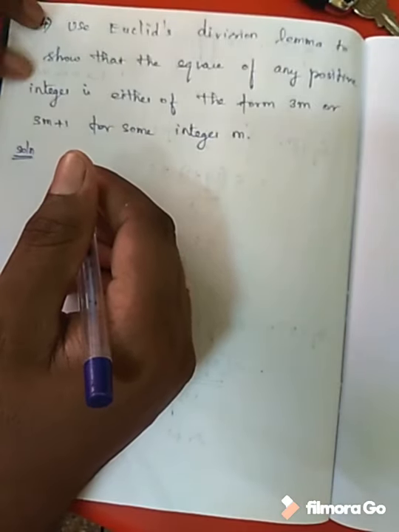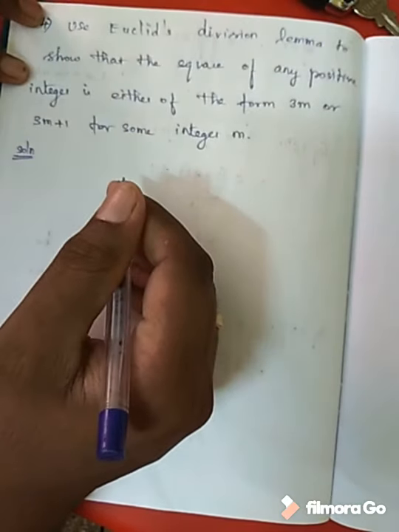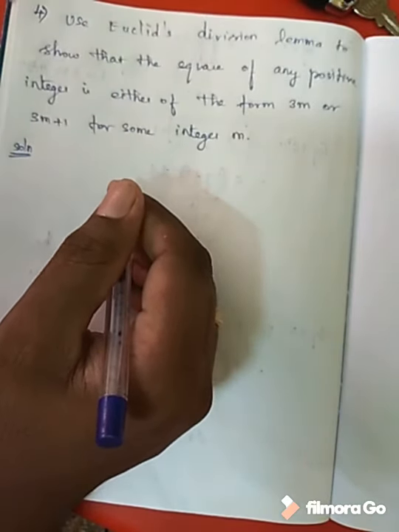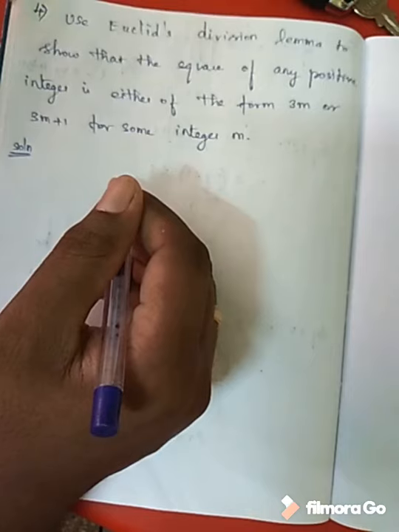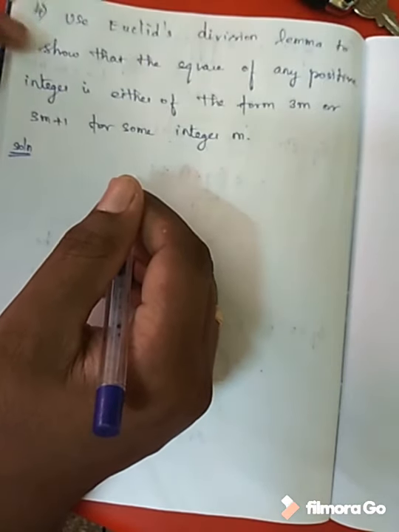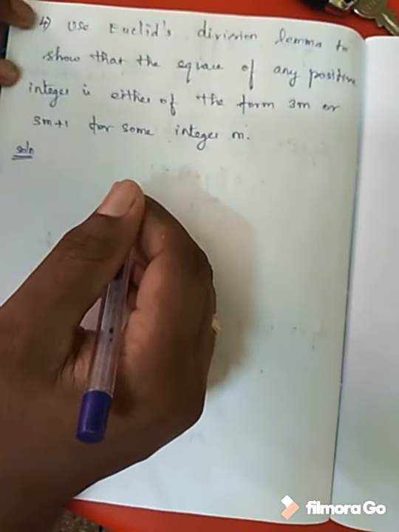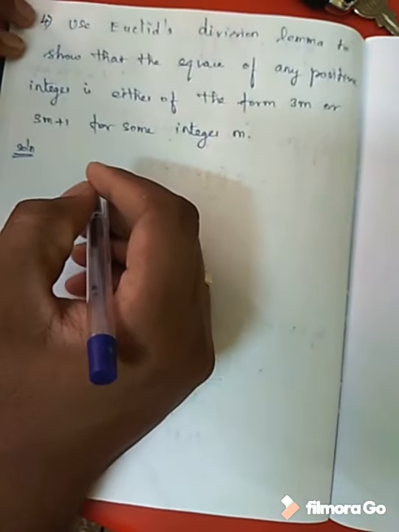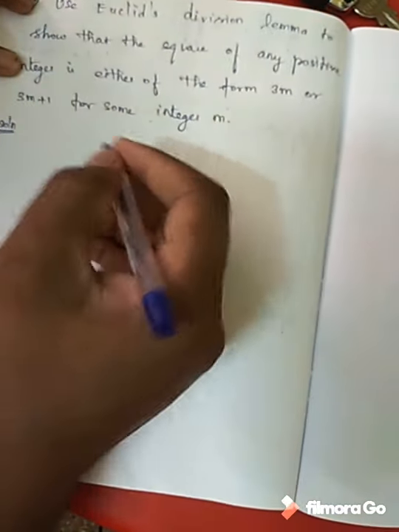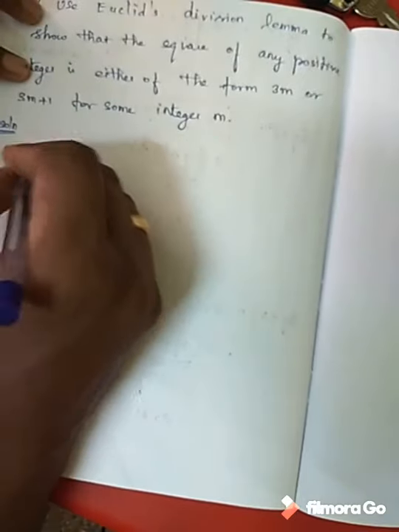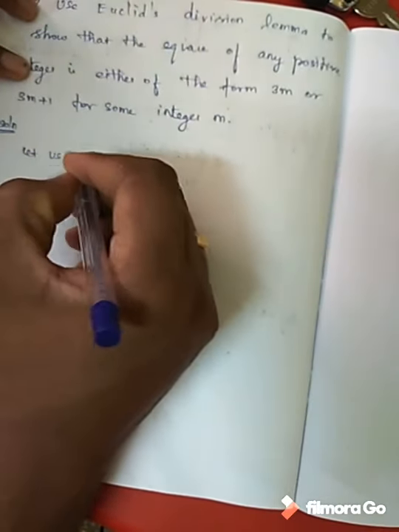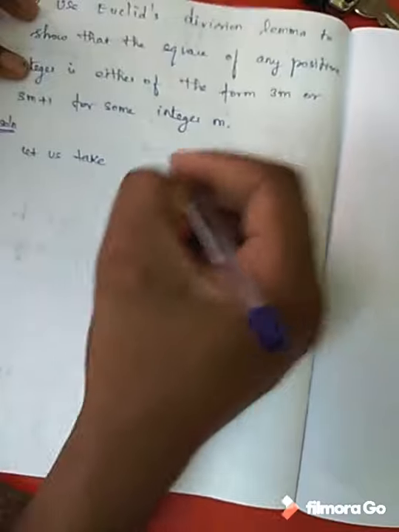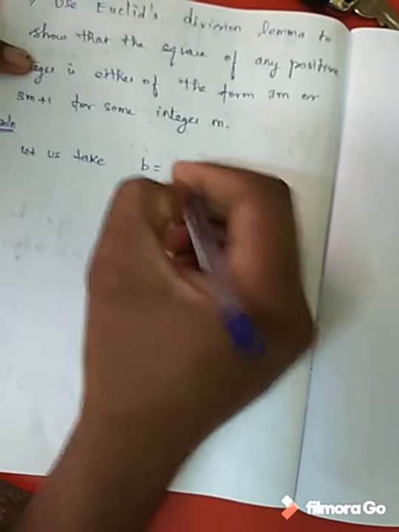Question number 4. Use Euclid's division lemma to show that the square of any positive integer is either of the form 3m or 3m plus 1 for some integer m. So based on the given information, let us take b is equal to 3.